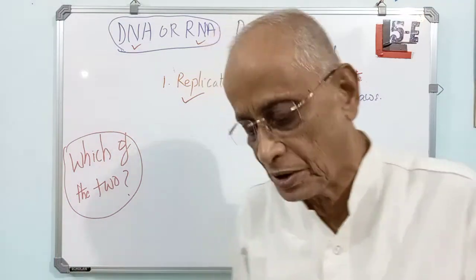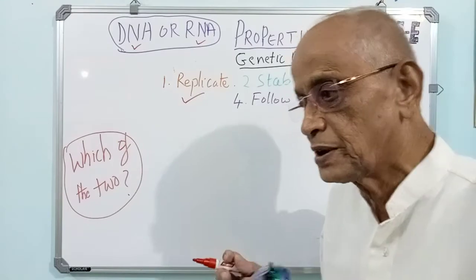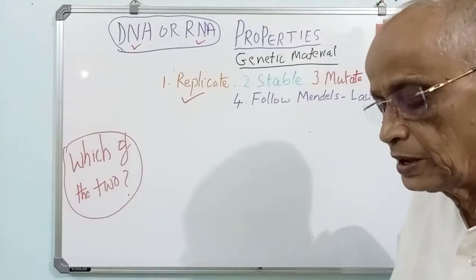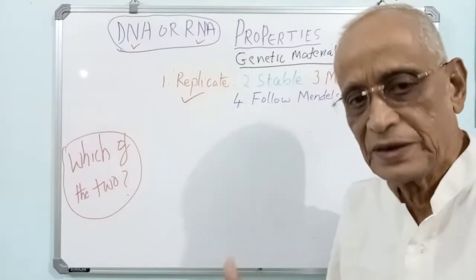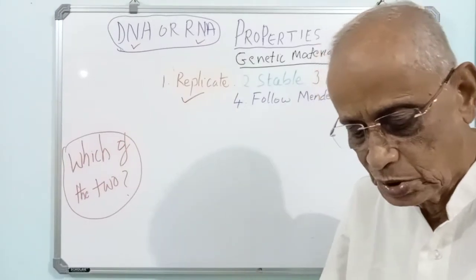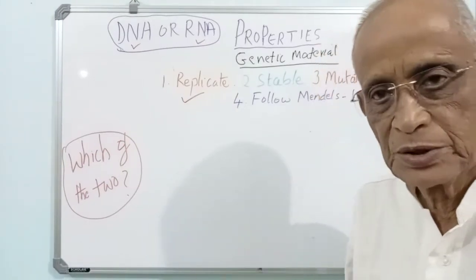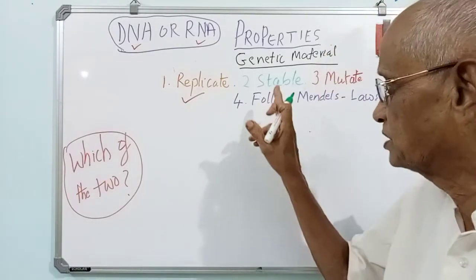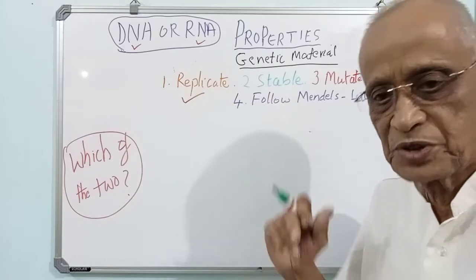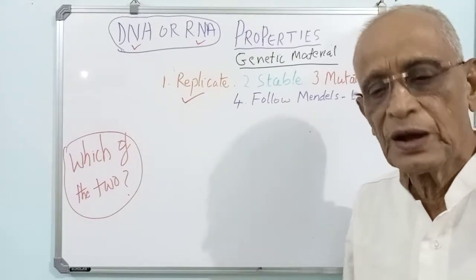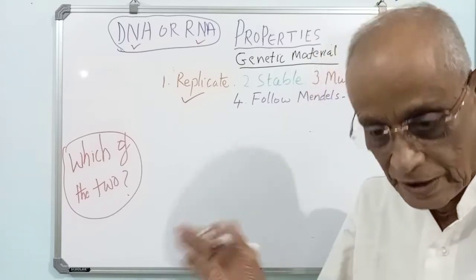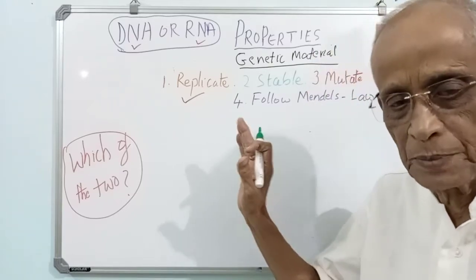The second one is stability. The material that is responsible for storing the genetic information and passing it on to the next generation must be stable. For generations to come, it must be stable and it should not change immediately.